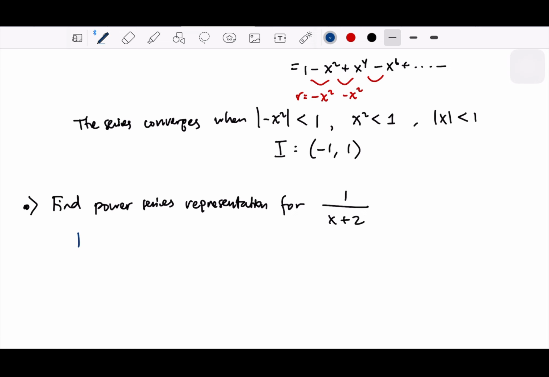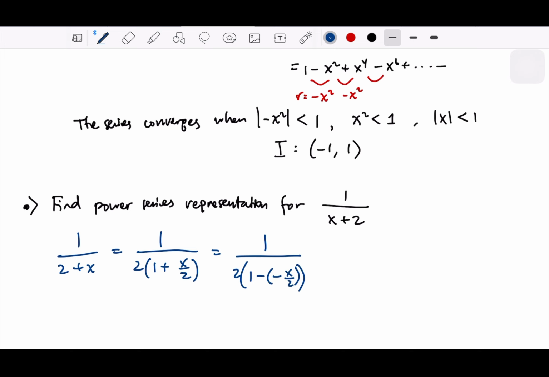So we can take this 1 over 2 plus x, and then we can take the 2 out. So we'll have 1 plus x over 2, right? So let me just write 1 over 1 minus negative x over 2. And this one is our series. We just need to multiply with a half the series of this negative x over 2.